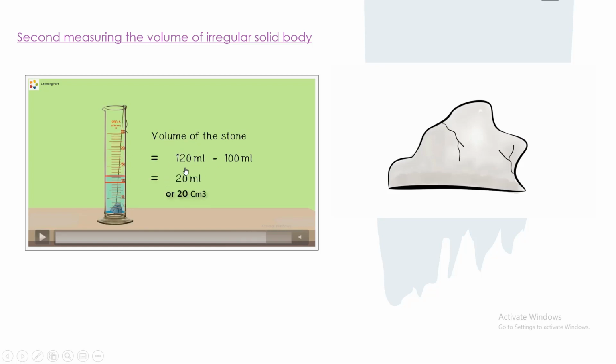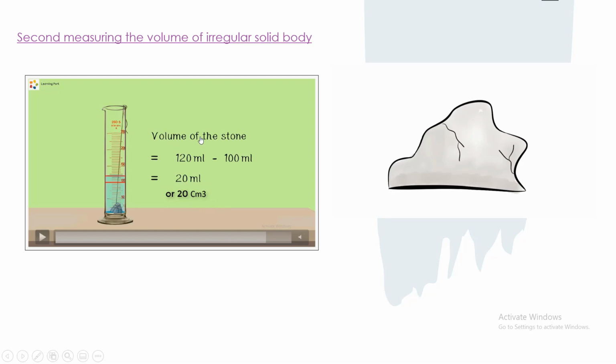And the volume, of course, will be the second reading, which is 120 milliliters, minus 100 milliliters, which is the first or the initial reading, and the answer will be 20 milliliters or 20 cubic centimeters.